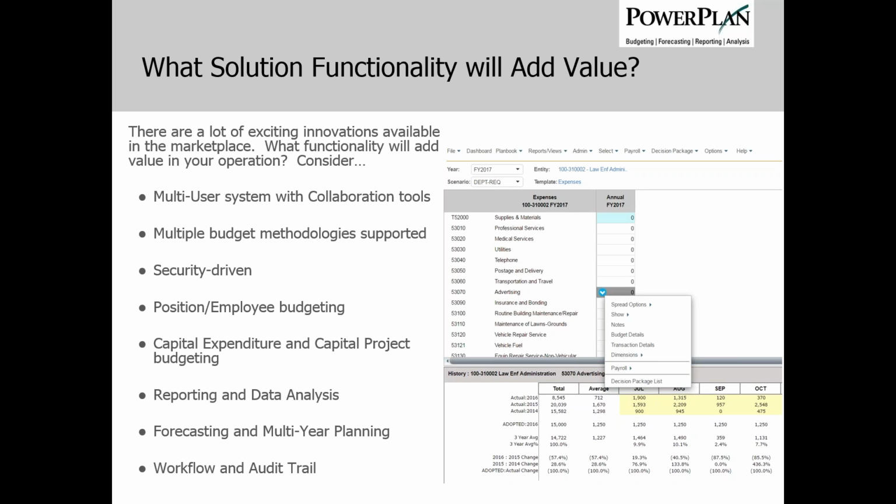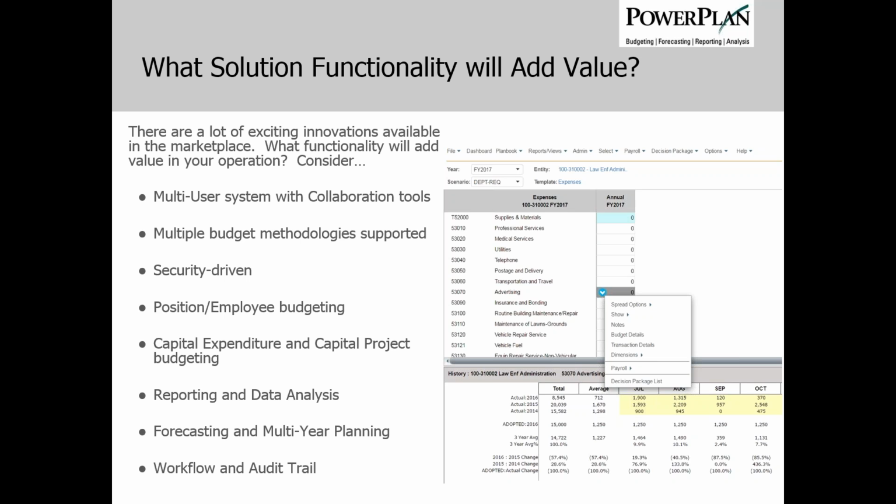Security is always an important factor to consider, particularly with solutions that now have detailed position or employee level information in the system to allow you to really generate in-depth payroll and personnel budgets down at that detailed position level, but also give you the ability to establish the appropriate securities to that data.